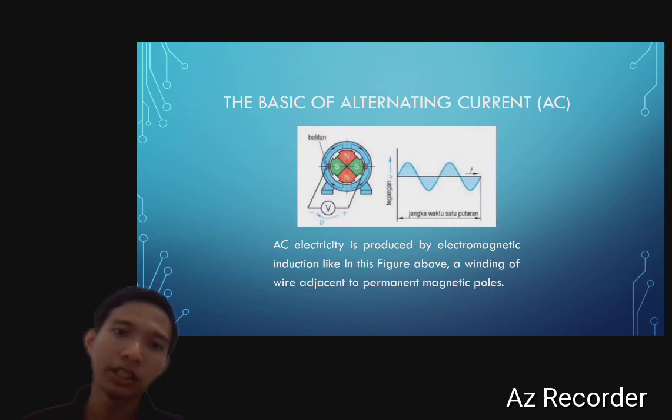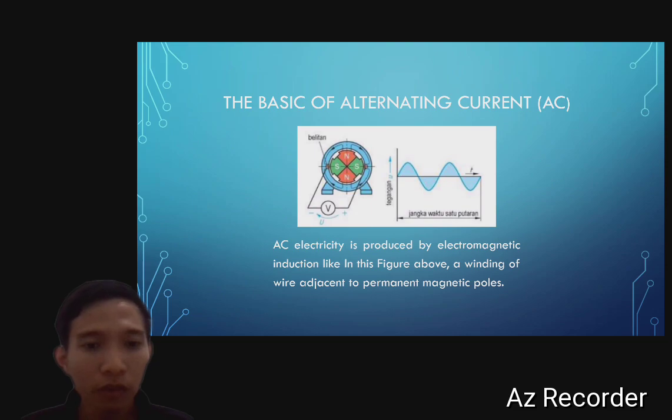The first topic is the basics of alternating current or AC. AC electricity is produced by electromagnetic induction, like in this figure above: a winding of wire adjacent to permanent magnetic poles.